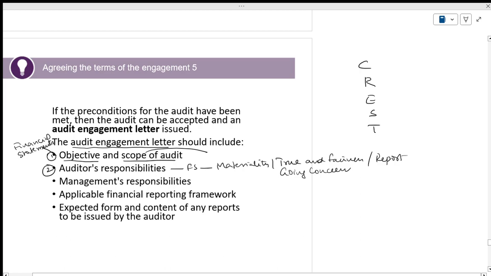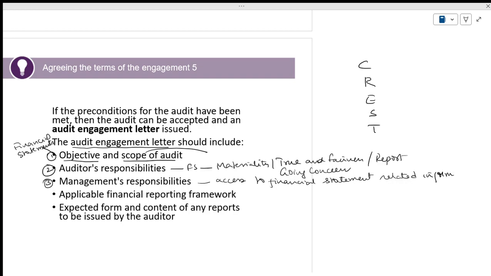What is the management responsibility? Management responsibility is to provide access to financial statements and related information. We have to know the applicable financial reporting framework.